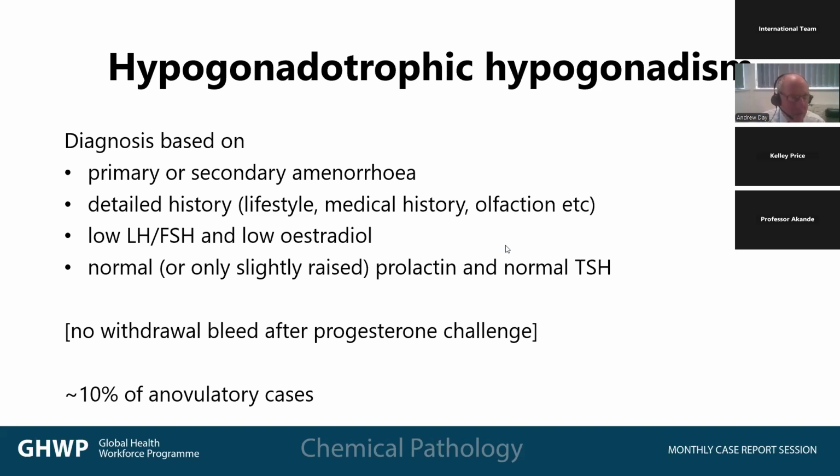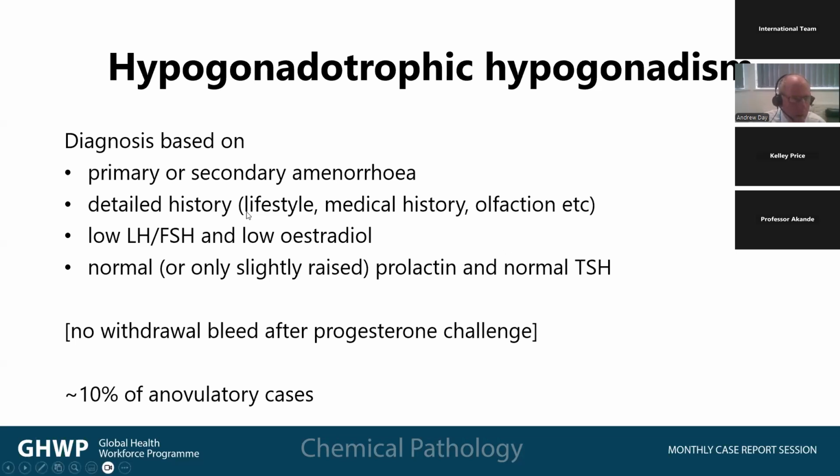I suppose we should perhaps just consider that if the patient has panhypopituitarism, they might also have secondary hypothyroidism, not a topic for today's discussion, but you'll remember that secondary hypothyroidism is characterized by a low T4 but a low normal TSH.